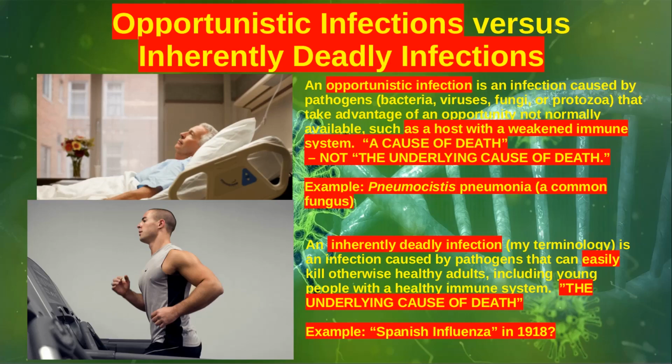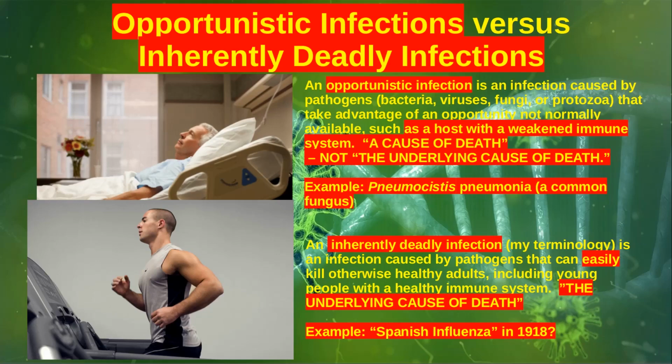Pneumocystis fungi is common in the environment. We've all probably been exposed to it. It is probably living in some of our lungs. It's harmless until your immune system weakens due to various causes. In contrast, an inherently deadly infection, which is my terminology, is an infection caused by pathogens that can easily kill otherwise healthy adults, including young people with a healthy immune system, the underlying cause of death.